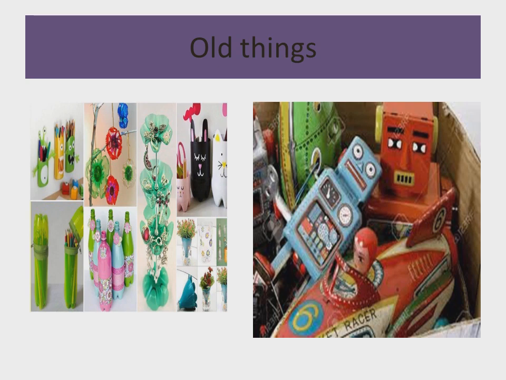And on the left hand you can see there is the use of your old things, like the green Pepsi bottle, how they are making a pencil box from that bottle. You can make any bag, any decorative material from the old things. So all these things will come in the reuse. What we are doing, we are reusing the old things again. So this is called reuse.